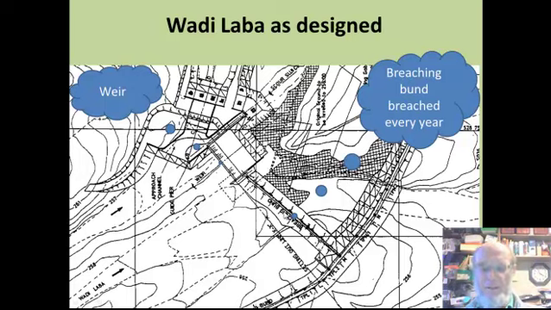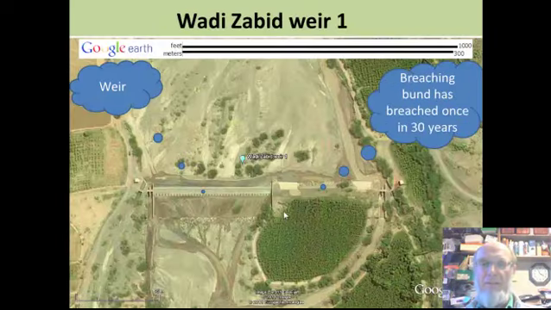And the problem was that it breached at least once a year. Here, Wadi Laba in Yemen, we have a weir and breaching bund. Here they are approximately equal length. In this case, the breaching bund has only breached once in about 30 years.